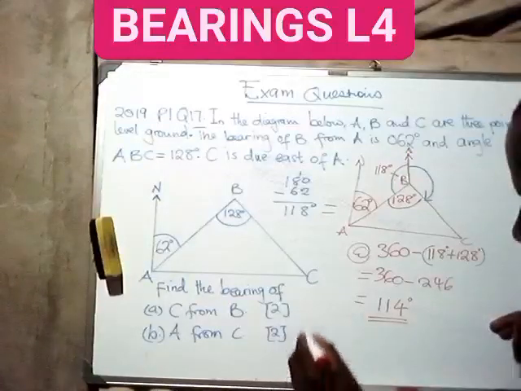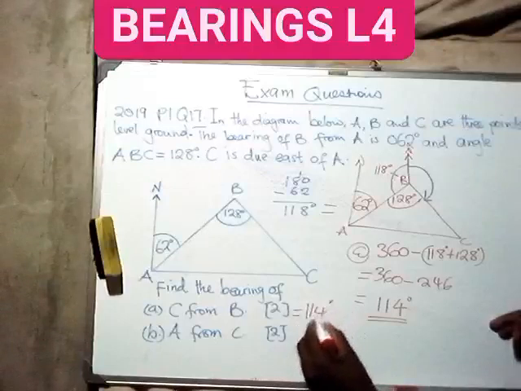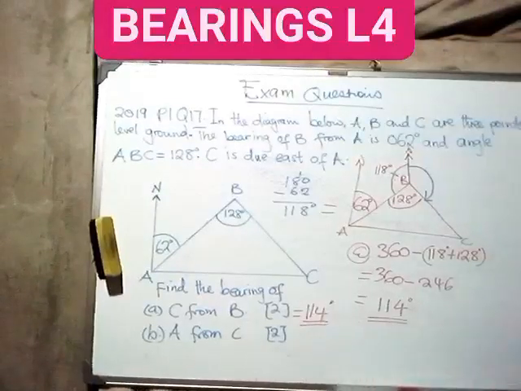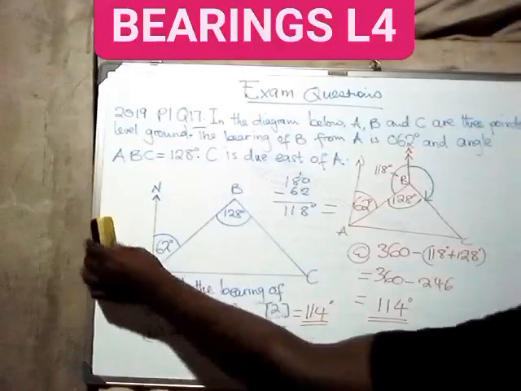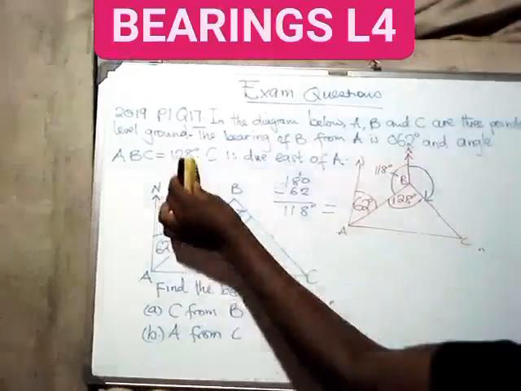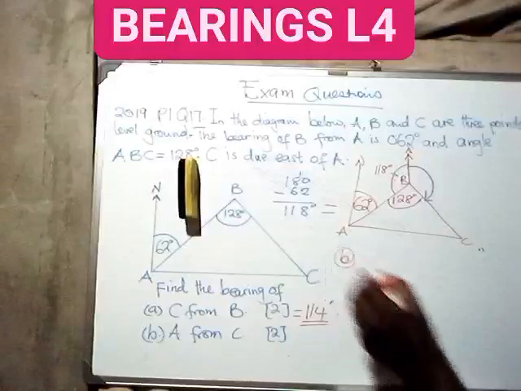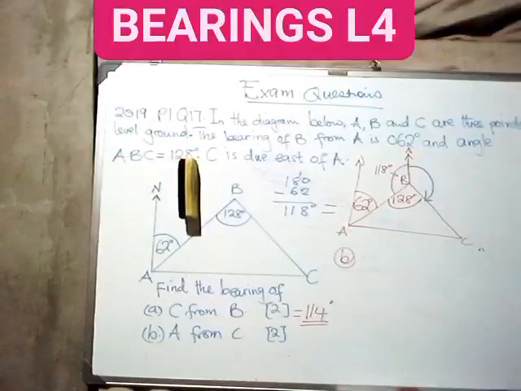Question number A, the answer is 114. We have the other question, question number B, which is the bearing of A from C. Now, what is the bearing of A from C?